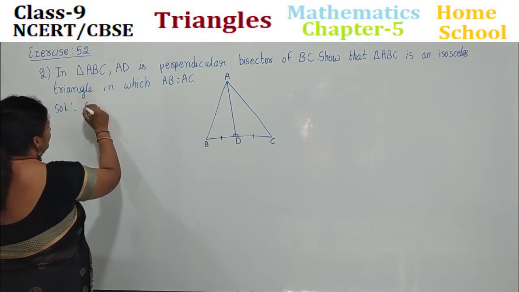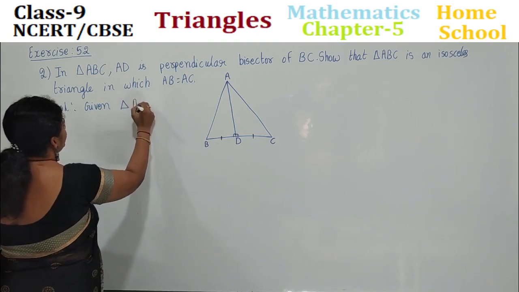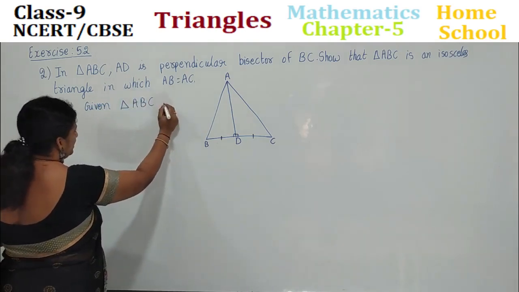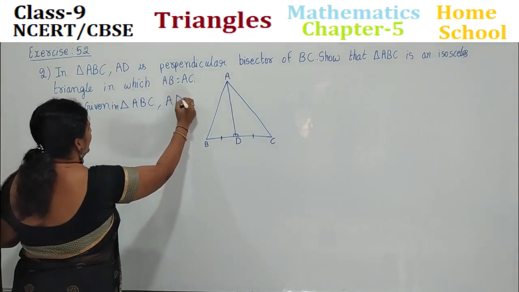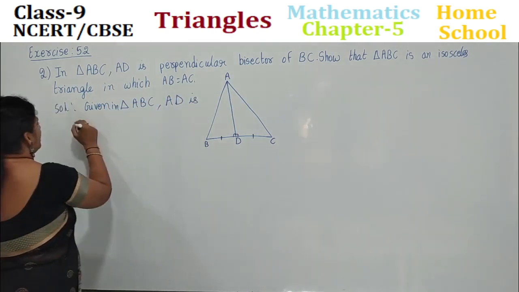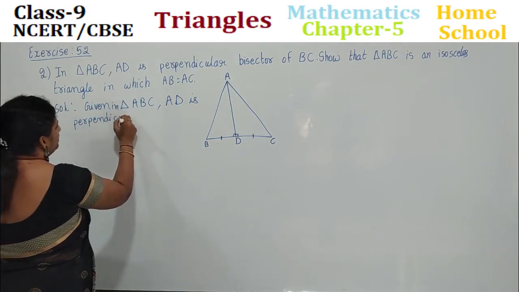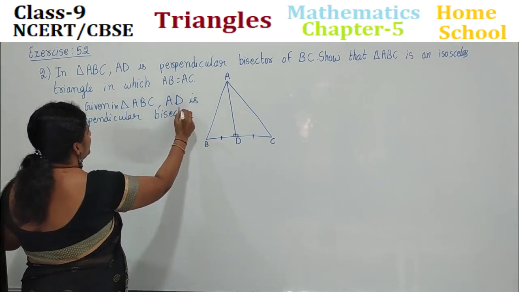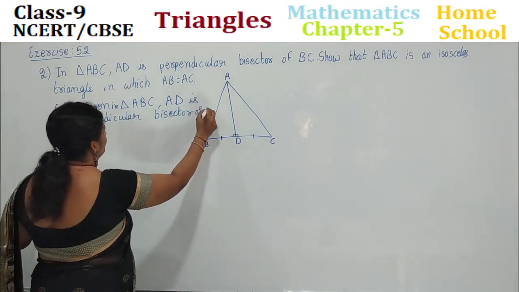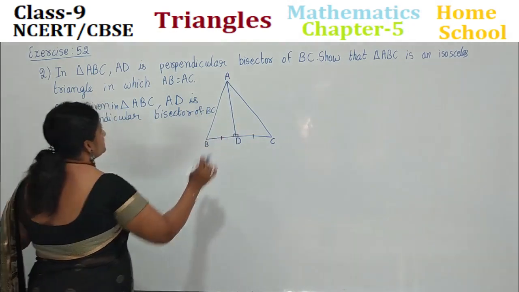Given. First write the data. Given triangle ABC, in triangle ABC, AD is perpendicular bisector of BC.